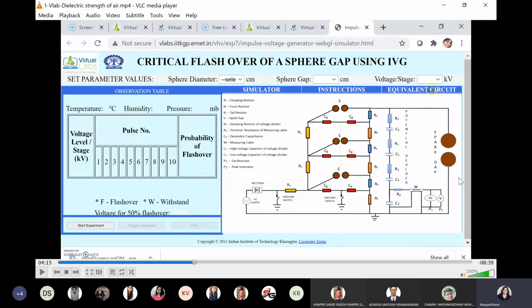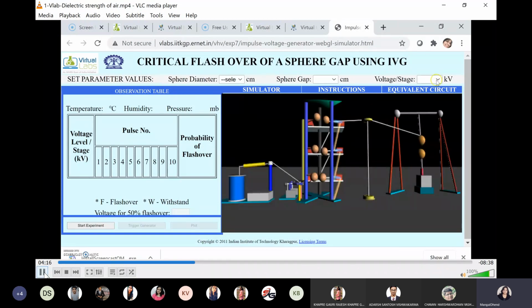As this experiment is different, when you do not see breakdown in the spheres and the voltage is withstood, you will just see W coming. W means it has withstood that voltage. No breakdown flashover has occurred. Then you again increase the voltage and find out at what voltage you can observe the spark.